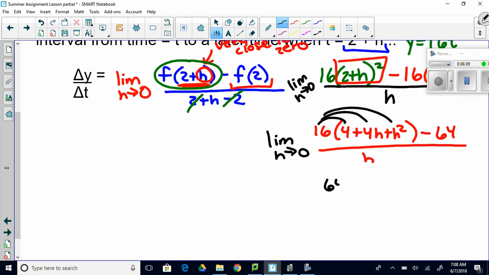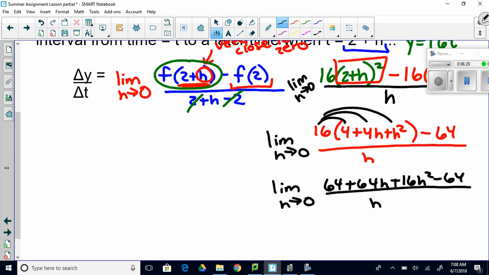So I have 64 plus 64h plus 16h squared minus 64, all over h. That's the limit as h approaches 0 of that. So then I clean this up. The numbers better cancel. And then I can factor that top, let's see, 16h comes out of both of those.